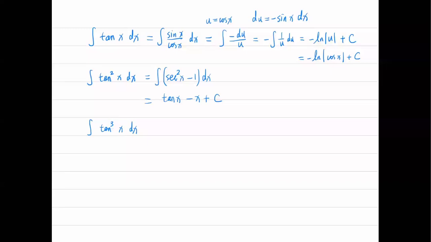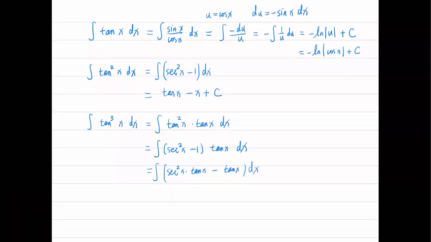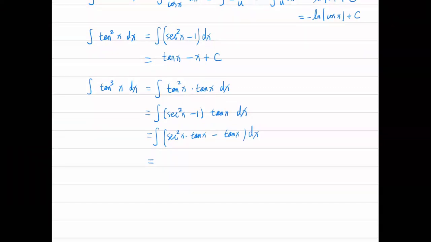Split it to a square. For the square term, we use the same trick. Secant square is 1 plus tangent square. Then we distribute. The integral of the difference will be the difference of the integrals.